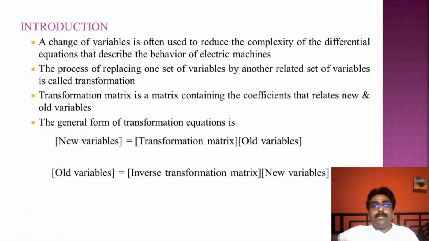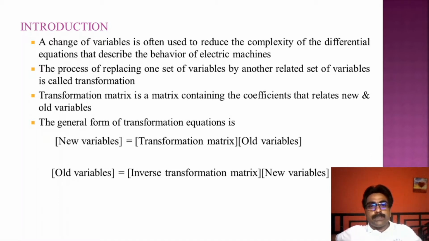Again, this alpha beta frame can be transformed back into the ABC frame. That is what we call the inverse Clarke transformation. In the same way, when you are transforming the DQ frame into the alpha beta frame, that is what we call the inverse Park transformation.